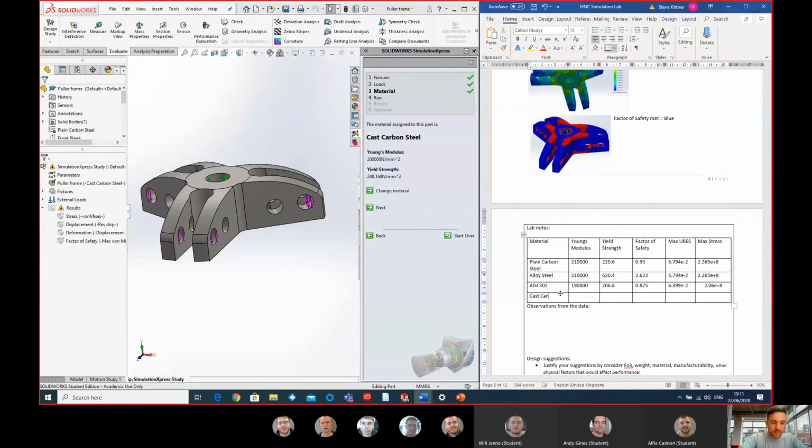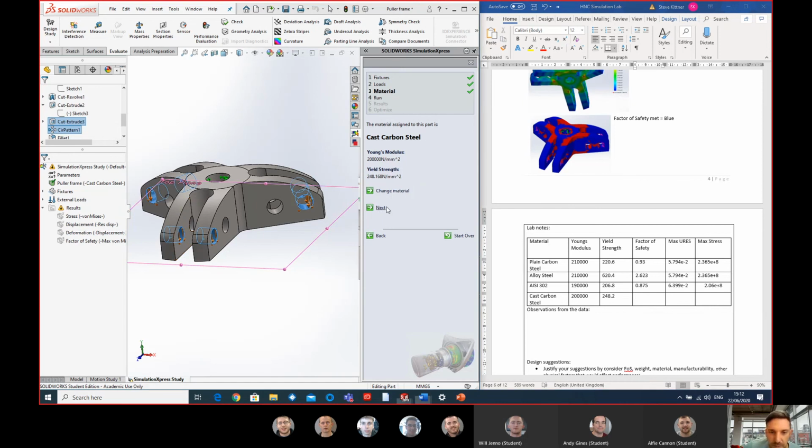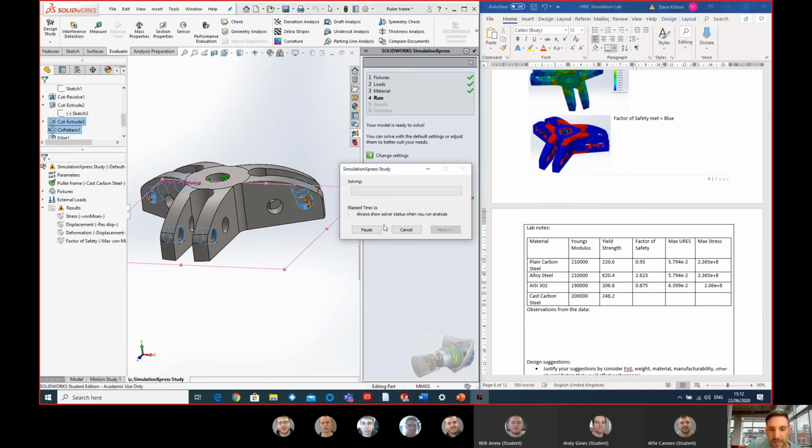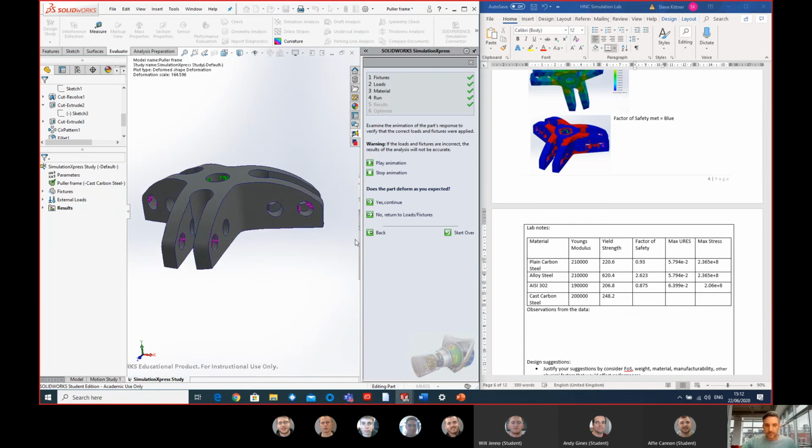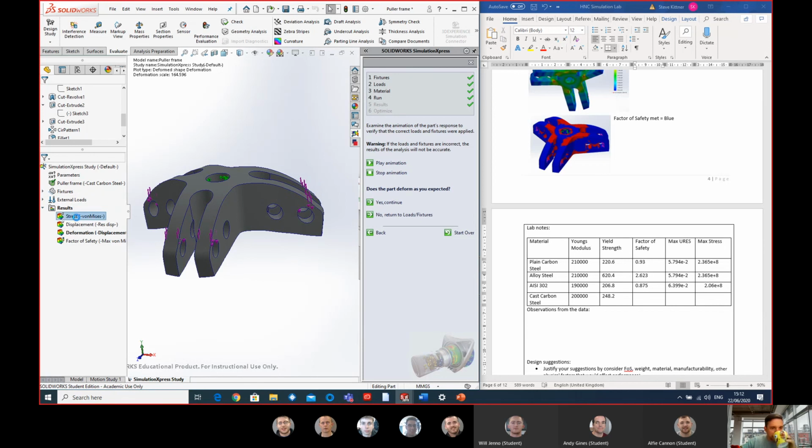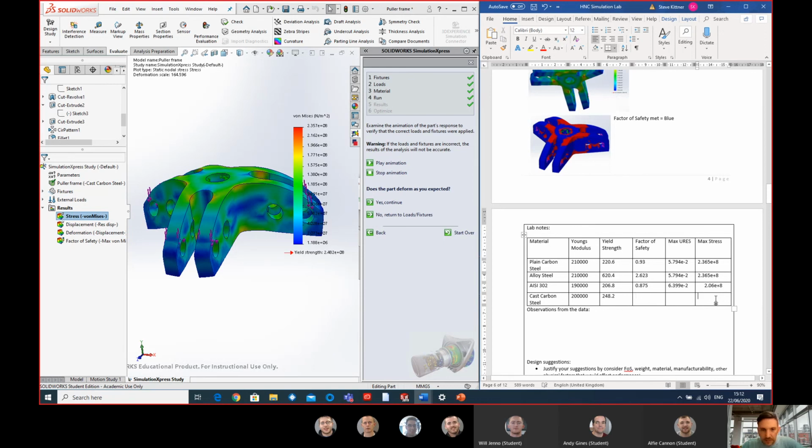Okay. Two, 4, 8. Run the simulation. So yield strength 2.482, plus 8.